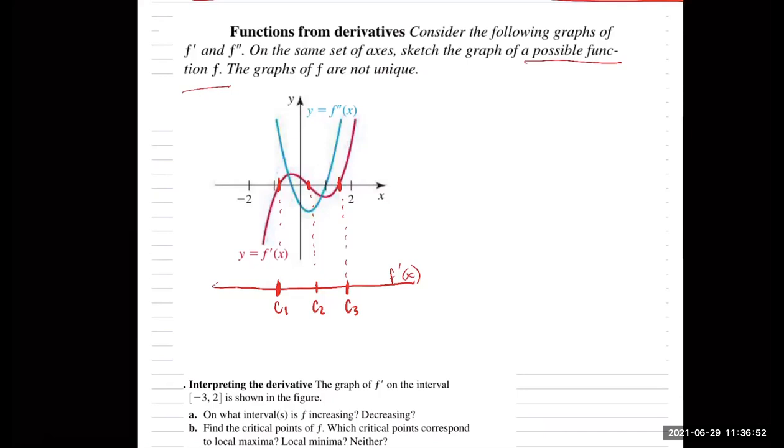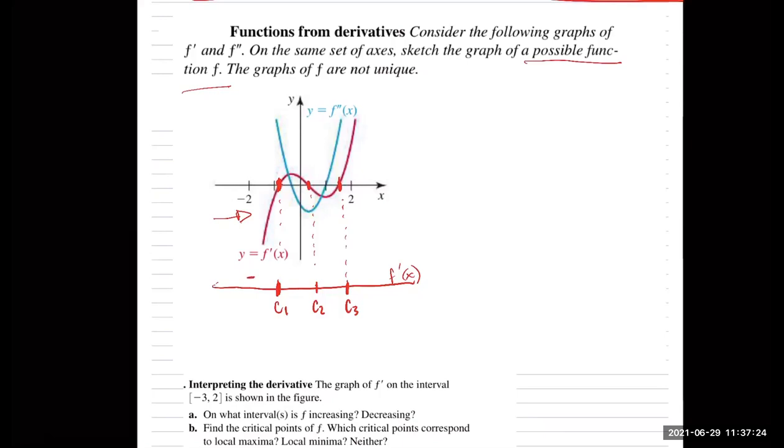And notice that to the left of this first point, so I'm looking right over here to the left, is the first derivative positive or negative there? To the left of that point that I called C1, is the first derivative positive or negative? Yeah, because we can see that if we look at the graph, it is below the x-axis. That means the first derivative there is negative.